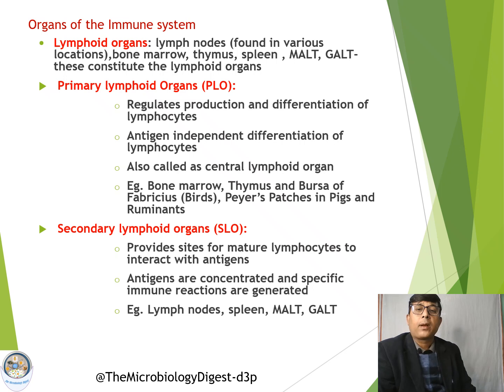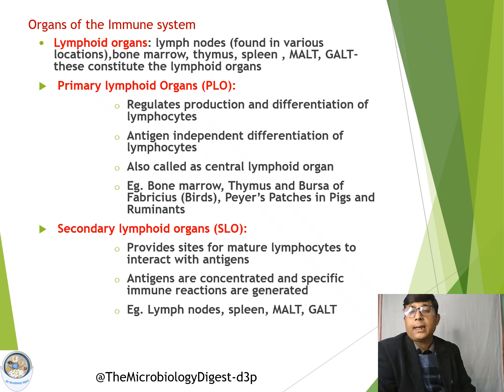Their production or differentiation of the lymphocytes is independent of the antigen. These are also called central lymphoid organs. For example, primary lymphoid organs include the bone marrow, thymus, and bursa of Fabricius in case of birds. They are the examples of primary lymphoid organs.